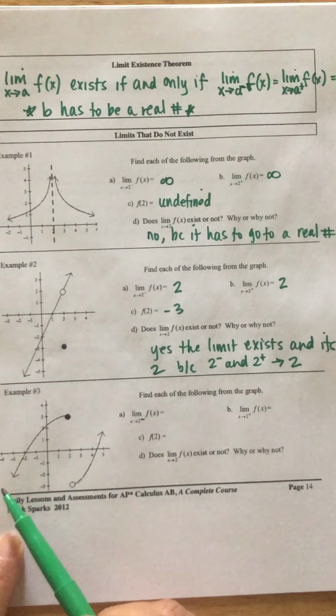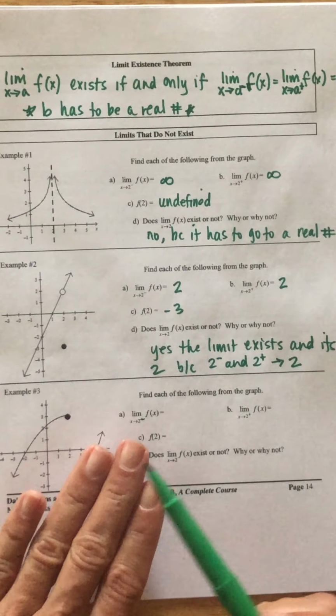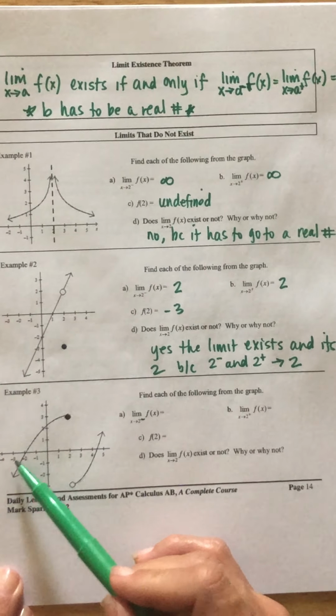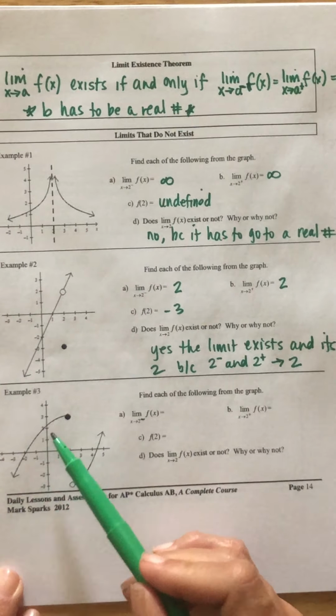As I'm heading into 2 from the left side, I'm ignoring what's here. It looks like it's going to 3. But if I look coming in from the right side, now my value at 2 is heading towards -3. Now, the actual value f of 2 is the closed-in circle. That's a 3. So the question is, does the limit exist or not?